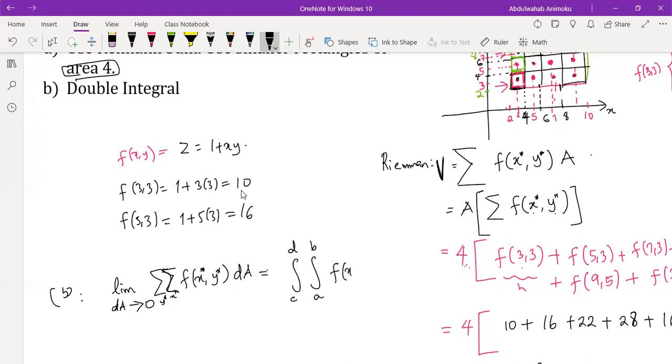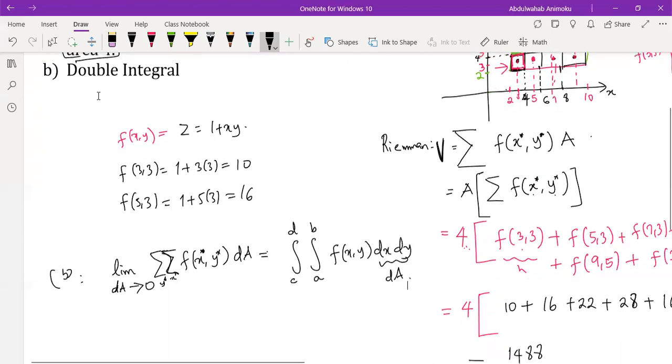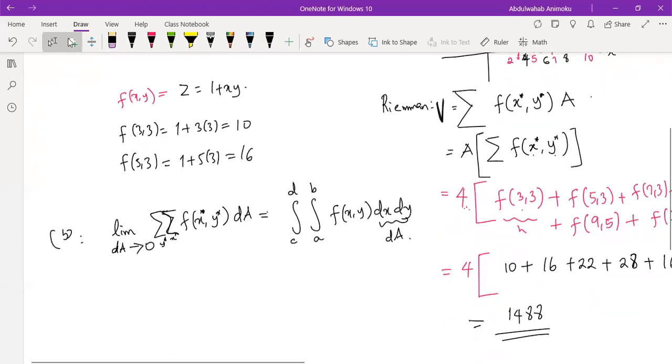Then we have f of xy dx dy. Now this gives us dA, which is the area of the region, right? Another way to say this is the double integral over the region of x and y, that means over the rectangle, which is the region, then dA. Both of them are the same, so these are equivalent.